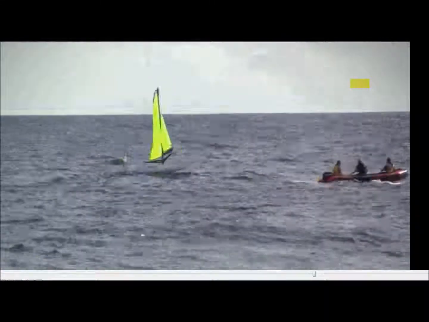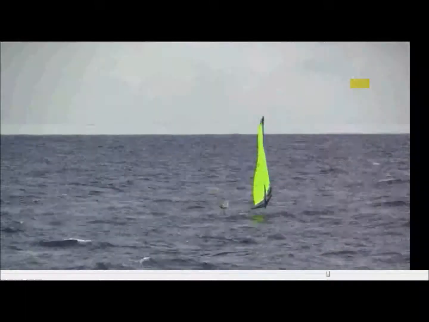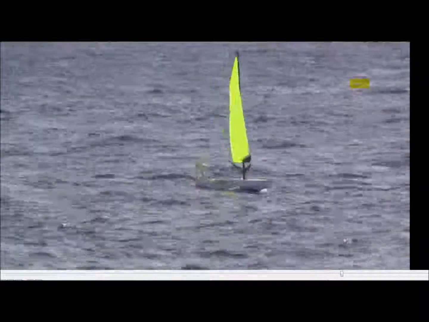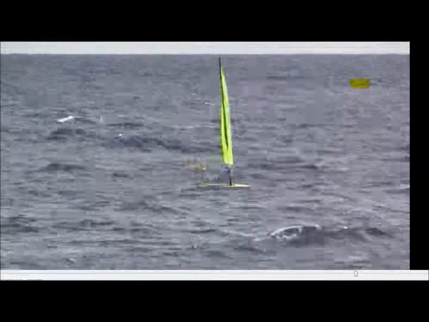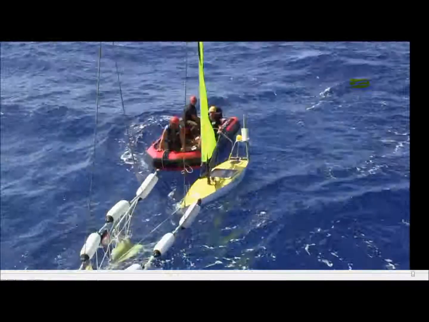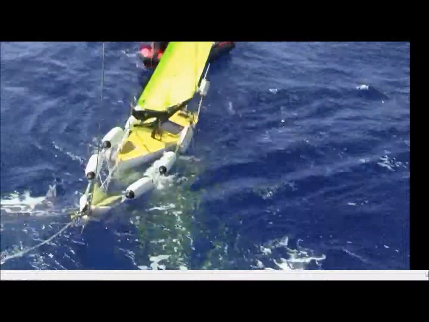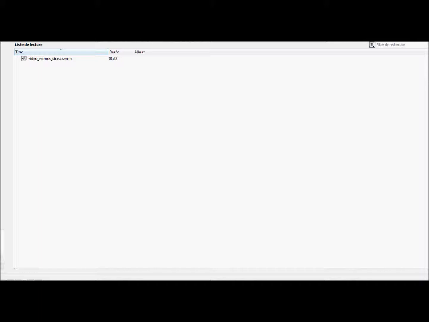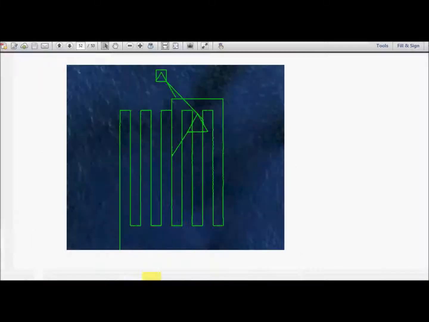And several days later, it comes back. And it has performed this trajectory. When we zoom in, we can see some zigzags.